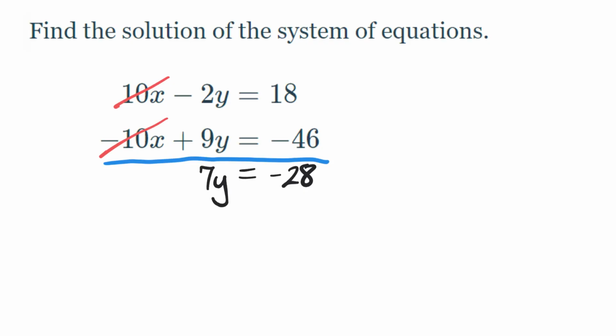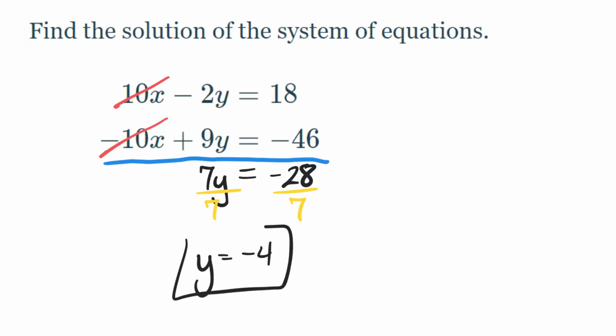And then from here we just have an equation with one variable, like we were looking for with elimination. We eliminated x and now we're just solving for y. So the 7y needs to be divided by 7 in order to get the y value, which would be equal to negative 4.